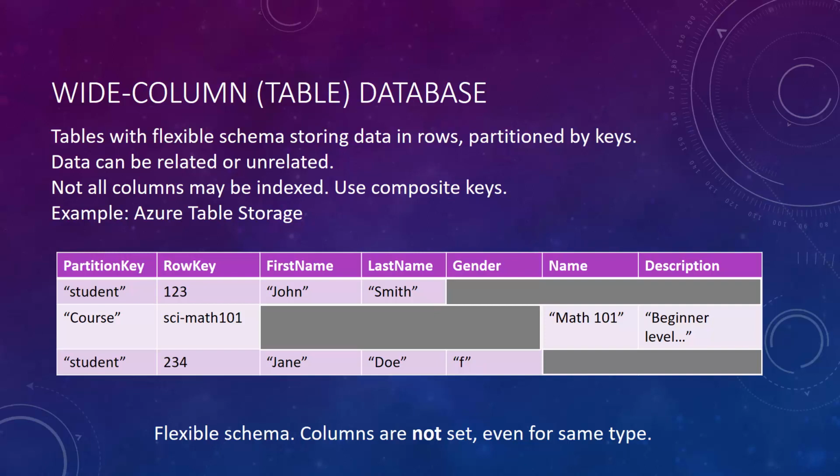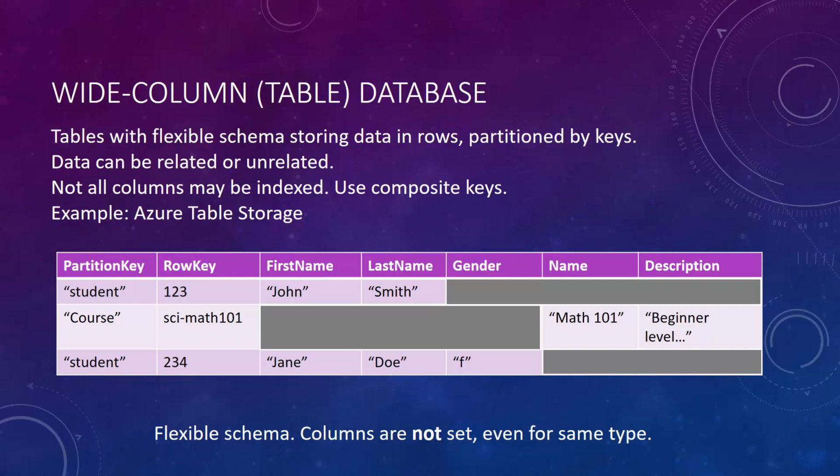So if we look at the first entry, it's a student entry, row key is 1, 2, 3, and there are 2 additional columns, first name and last name. Now, if you compare that first entity with the last one, which is also a student entry, 2, 3, 4 for Jane Doe, you'll notice that in the case of Jane Doe, we have 1 additional column, gender, and we have the gender information.